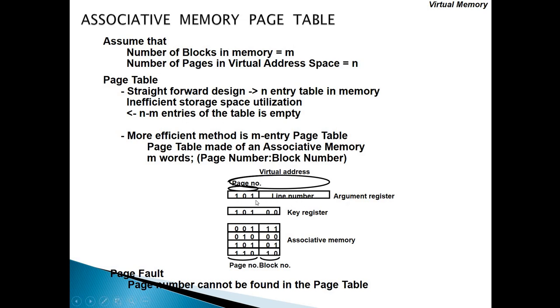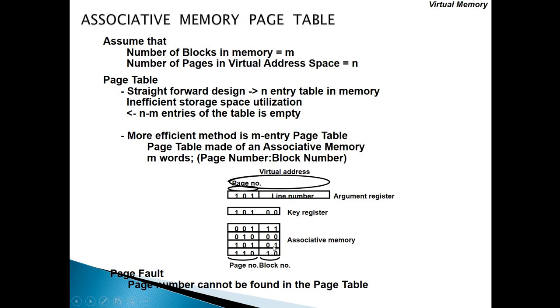The argument register page number is compared with the page number in the associative memory, provided the key register value should be 1. If it is same, then the relevant block number is transferred. This method is not having any memory mapping table. Instead, this is maintained using the associative memory technique.